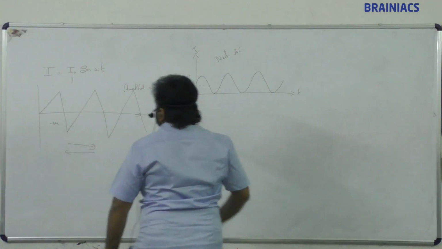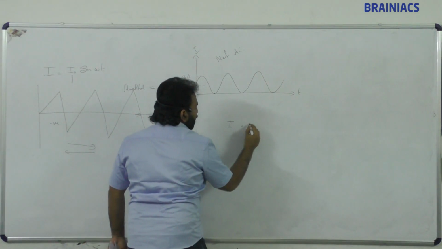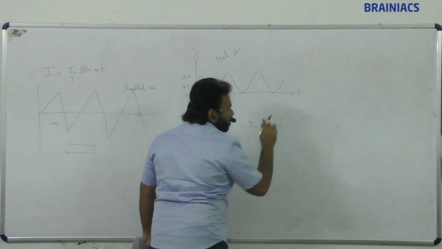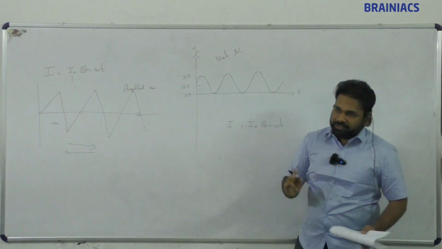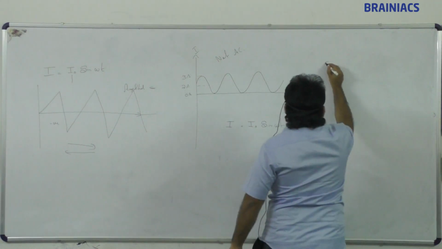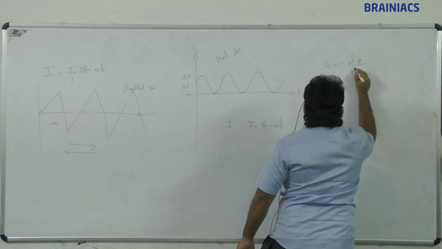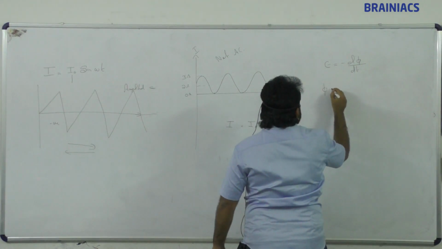Now we will discuss a signal I = I naught sin omega t. How did this come? In electromagnetic induction we have studied E = minus d phi by dt. And what is this phi?